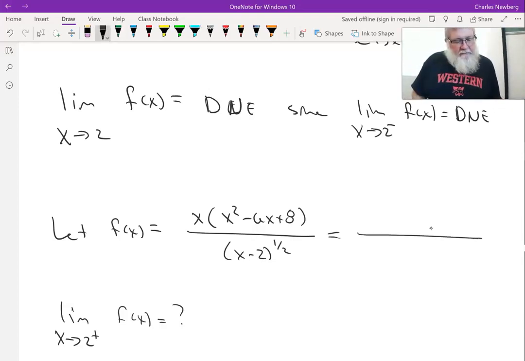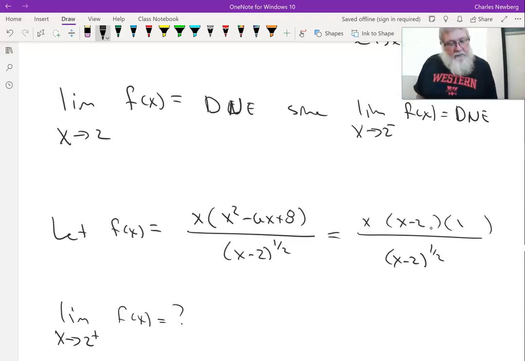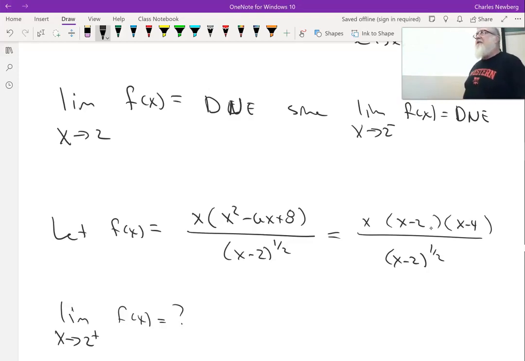I'll get you started. There's an equal sign. There's the x. Factor that other piece for me. And I believe it factors as what? x minus 2, x minus 4. Double check my factoring. Here's an x minus 2, here's an x minus 2. So these will cancel out, right?